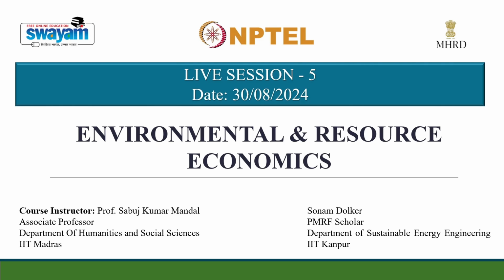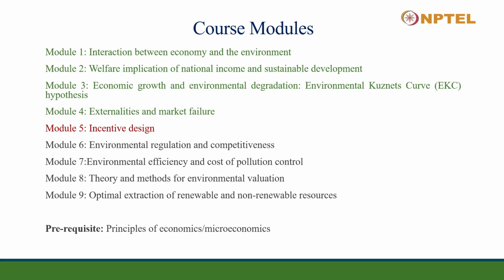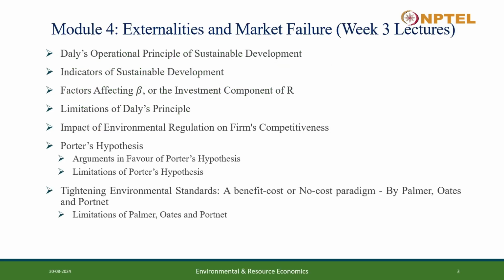Okay. So I'll start today's session. This is the course modules, out of which we have covered module 1 to 5, and we are at module 5, that is incentive design. In module 4, these are the topics which we have covered in the week 3 lecture, where we discussed Daly's operational principle of sustainable development.